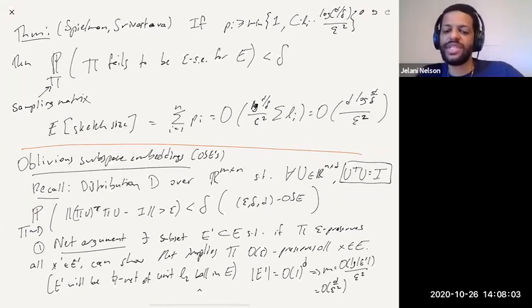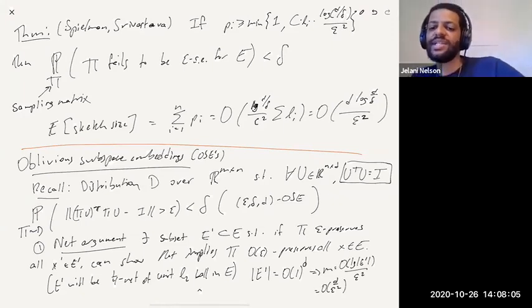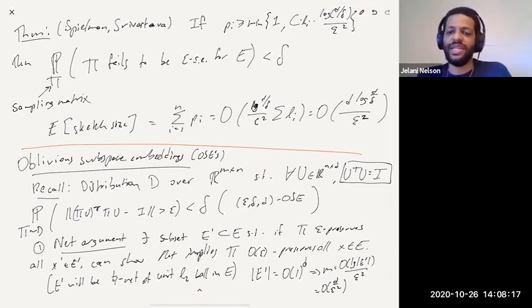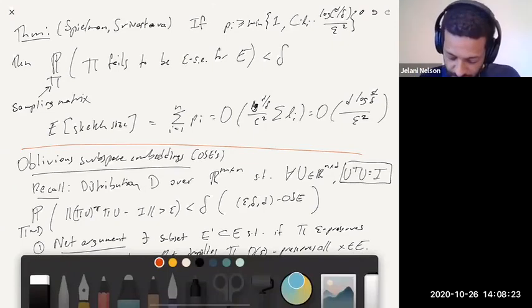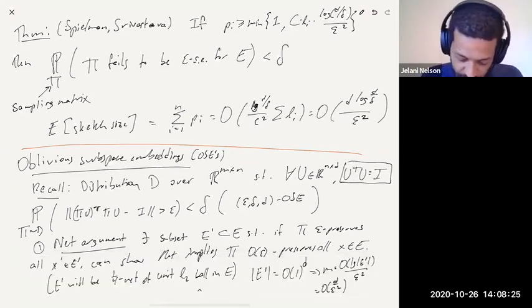Right. This is now just DJL. DJL says if I map to dimension log 1 over delta divided by epsilon squared, I'll preserve any fixed vector with probability 1 minus delta. Actually, I should be a little more careful. If you want exactly this property, there's a delta in here, right?